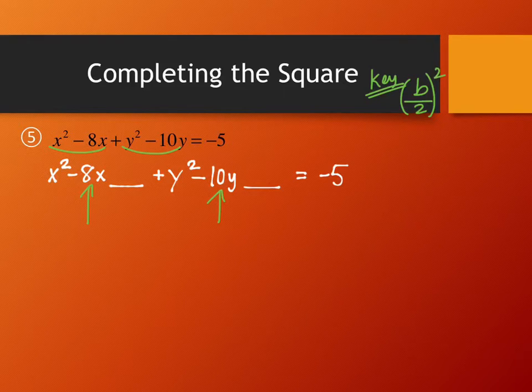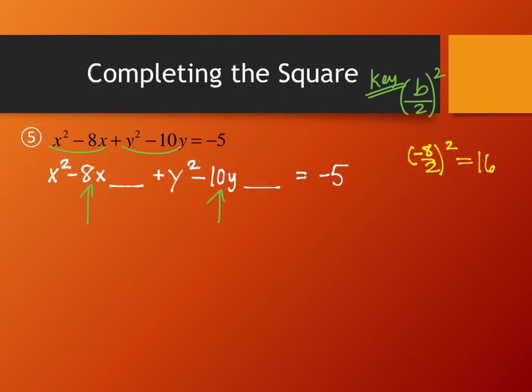So when I take this negative 8, I'll just write it to the side now just so that we see it. And I divide it by 2, and I square it. What is negative 8 divided by 2? Negative 4. And what is negative 4 squared? It is 16.